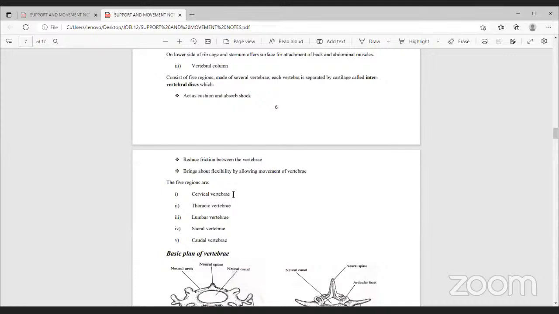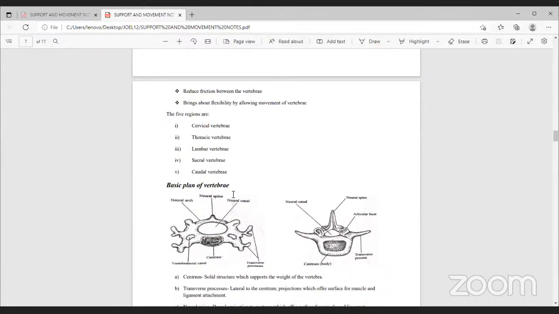Then all the others, we are going to look at them together, looking at the distinguishing characteristics, the appearance, etc. Those are the 5 regions or categories of the vertebral column. We have the cervical vertebrae in the neck region, thoracic vertebrae in the chest region, lumbar, sacral, and caudal vertebrae in that order. And we have said they have specific numbers.